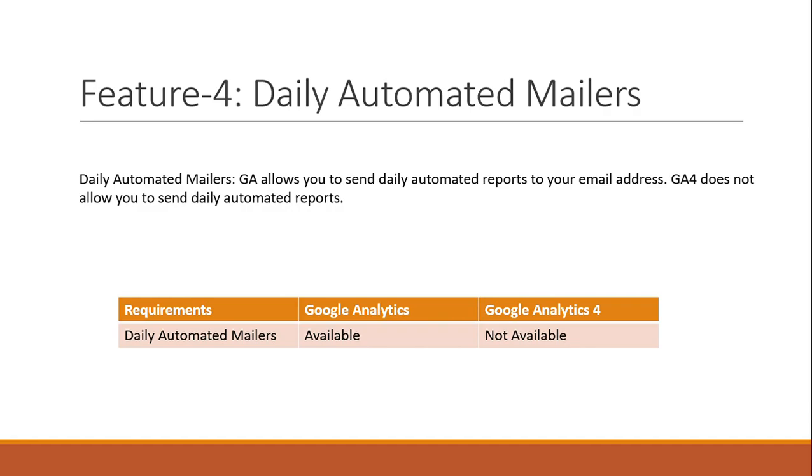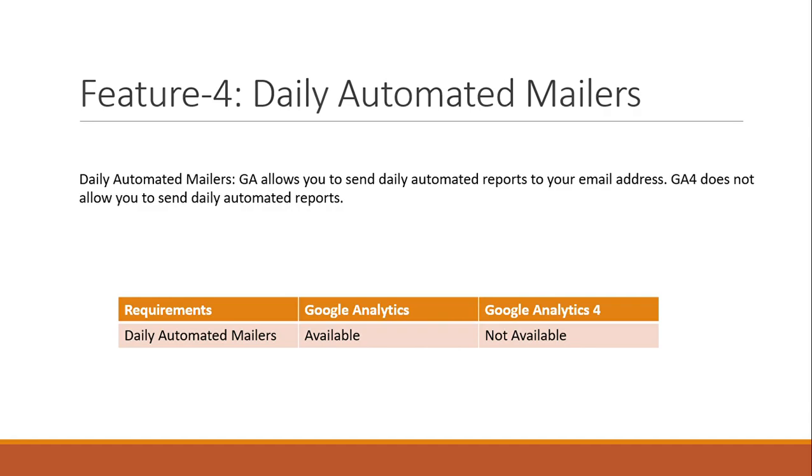Now the fourth feature is the daily automated emailers. I think every organization must have automated emailers from the existing GA, because this is the bread and butter to understand the current number of users, sessions, e-commerce conversion rate, transactions, or average order value.